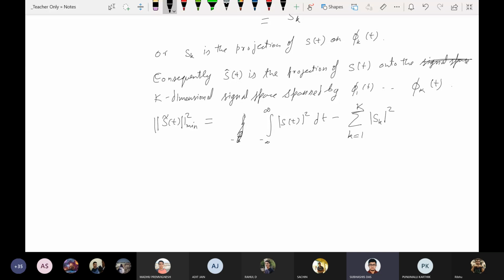Sir, this is small k equals 1 to capital K, right? Yes.